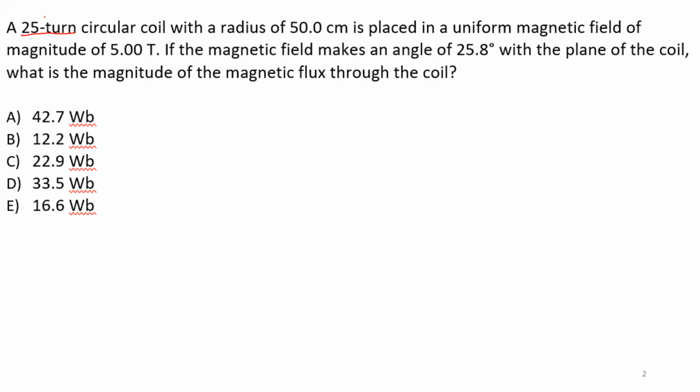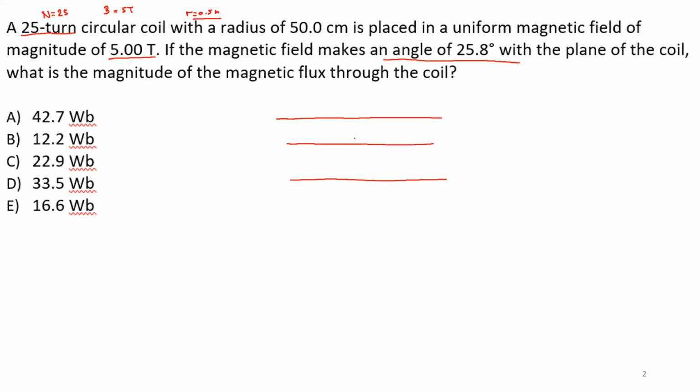Okay, so the number of turns N is 25. The radius is given as 0.5 meters. You put everything in SI units. And I give you the magnetic field magnitude B is 5 Tesla, and it's uniform. The magnetic field is making this angle with the plane of the coil. Let's assume that the uniform magnetic field is in this direction, and these are the magnetic field lines.